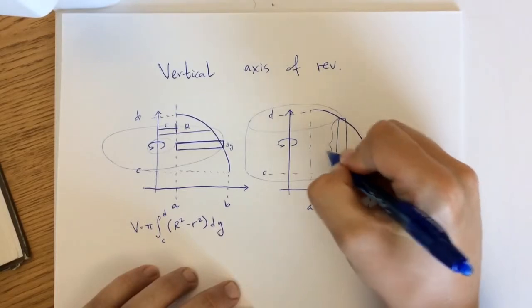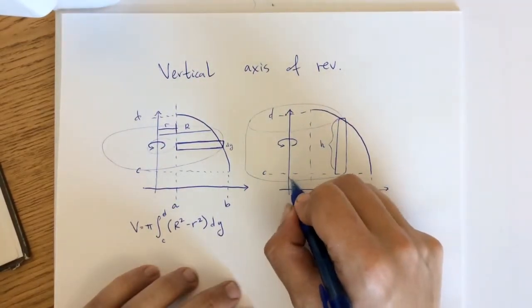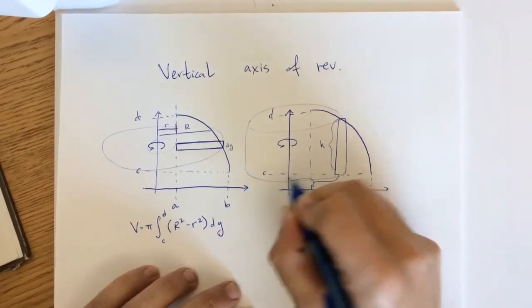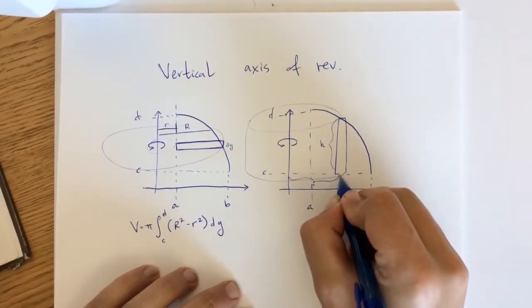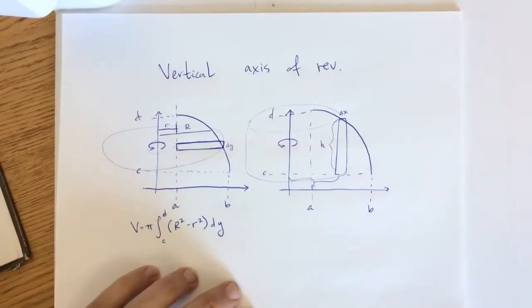Okay, I'm concerned with the height of my cylindrical shell, h, and the distance from the axis of rotation to the center of my cylindrical shell, p. The width of that shell is delta x.